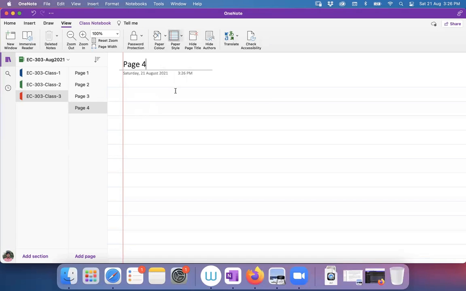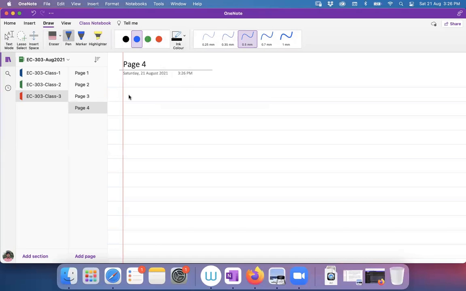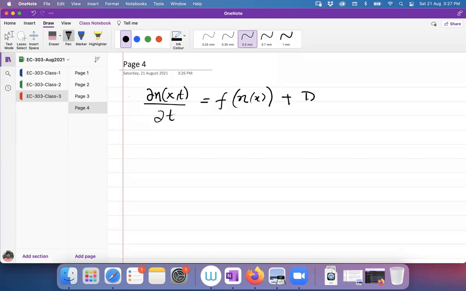So let's think of some possible solution. Let's interpret this in a general way, not just for the Fisher-Kolmogorov model. So this is a partial differential equation. We have a reaction term, and we have what we call the diffusion term.